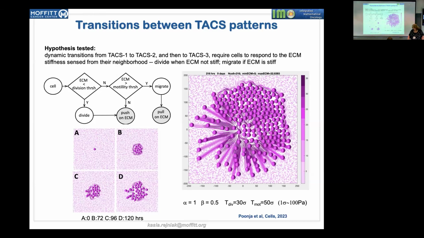When they migrate, they have to push past the stationary cells. When they migrate, they pull on the ECM and move away. If there is a cell behind that bumps into a cell, it may push it. Well, it may not, because there will be repulsive forces between the cells.